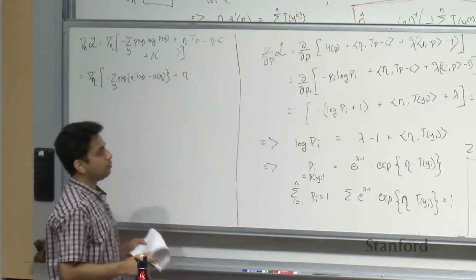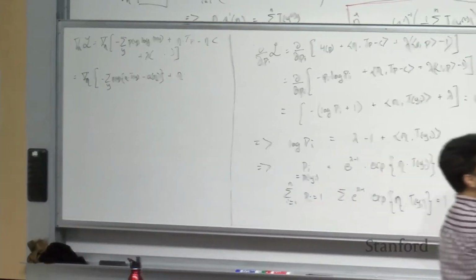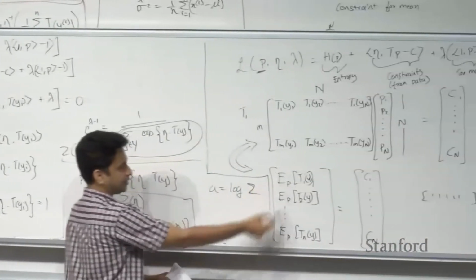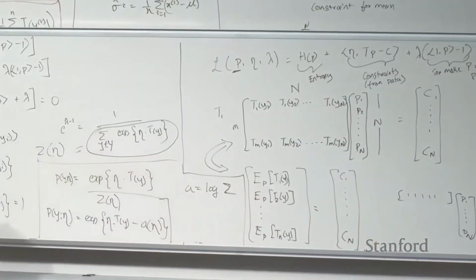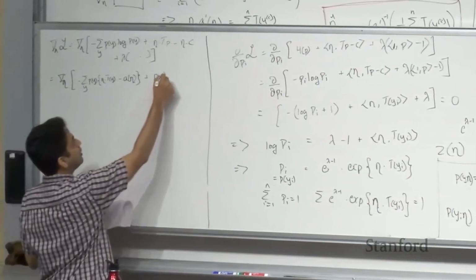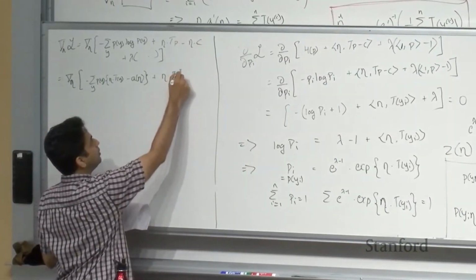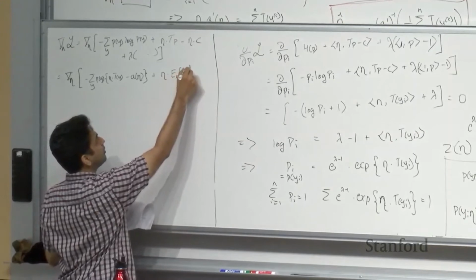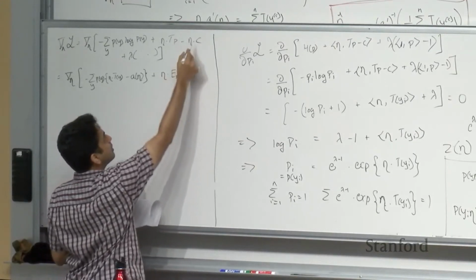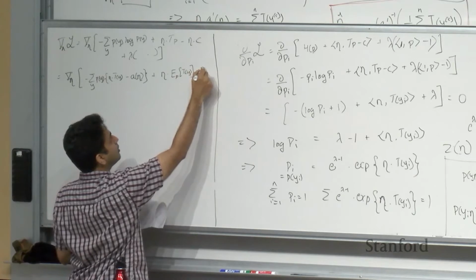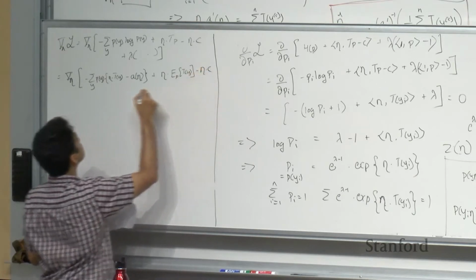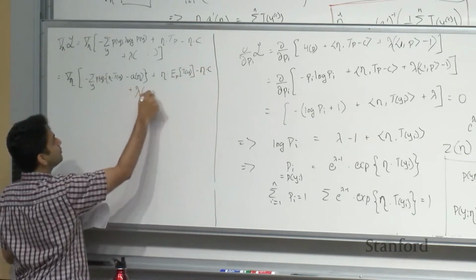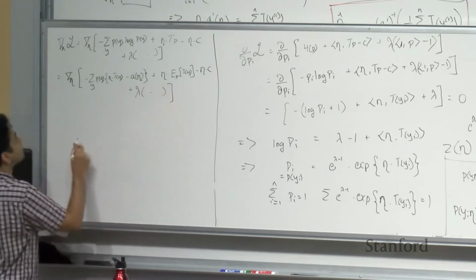So what is Tp? We saw that Tp is just the expectations of the individual sufficient statistics. So I'm going to write it as the expectation under P of T of y, minus eta times C, plus lambda of something, right?